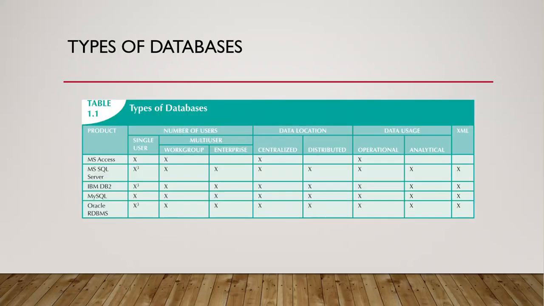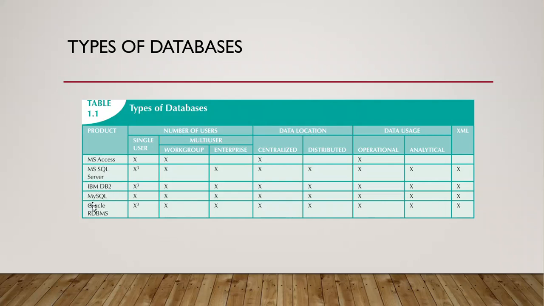Okay, then we can see these are types of databases and the products of database. We have Microsoft Access under Microsoft Office, Microsoft SQL Server, IBM DB2. This is the one that we are going to use for our lab session, IBM DB2.